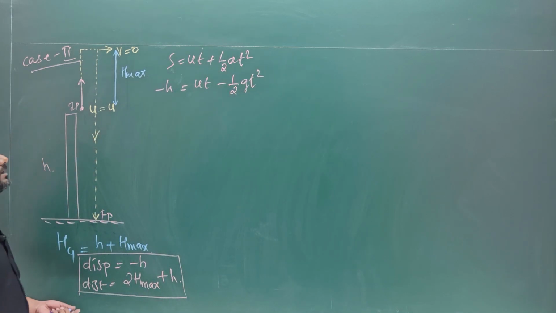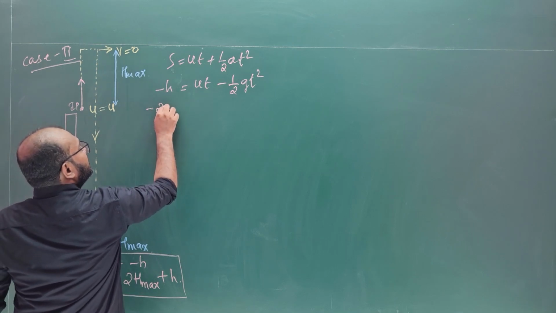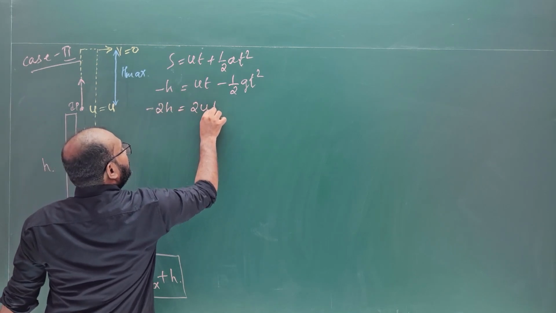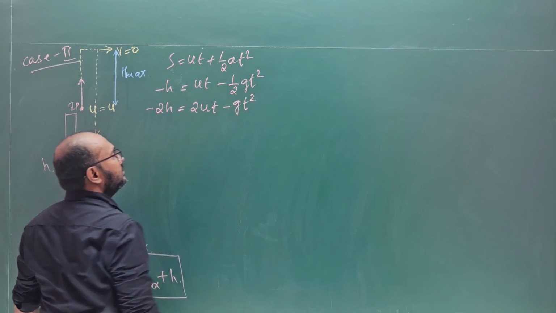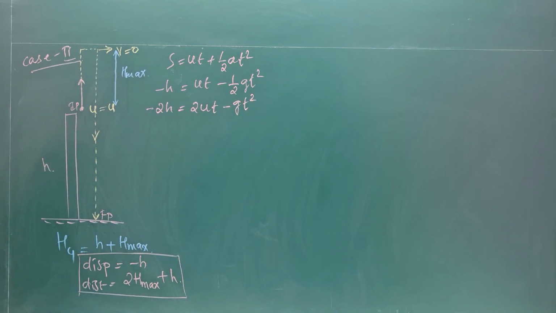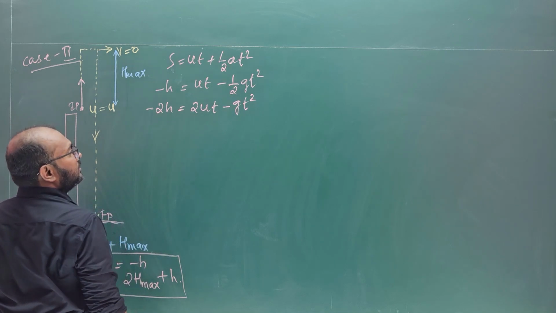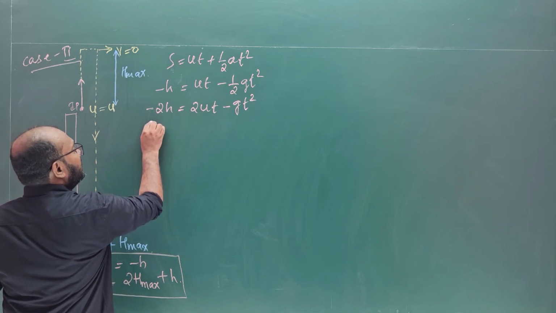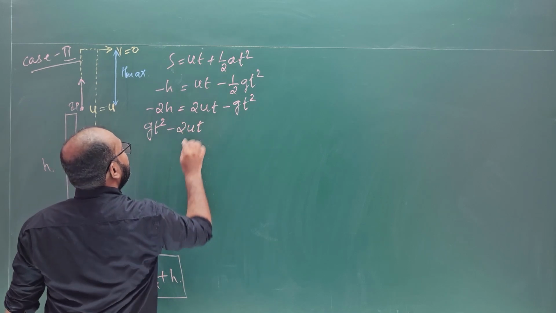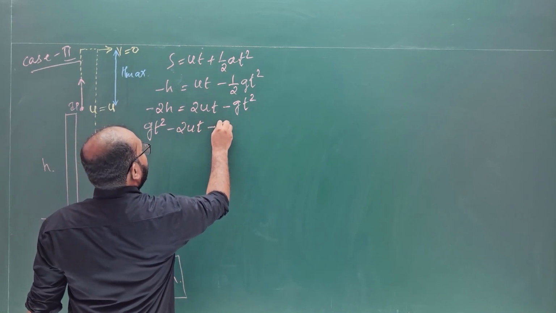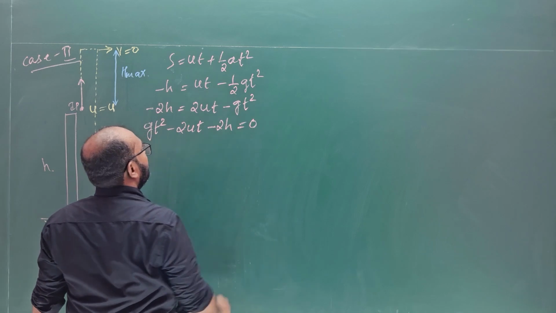Can I write this equation as minus 2h is equal to 2ut minus gt square? Can I write like this? Can I reshuffle and make it a quadratic equation? Then it becomes gt square minus 2ut minus 2h, which is equal to 0.